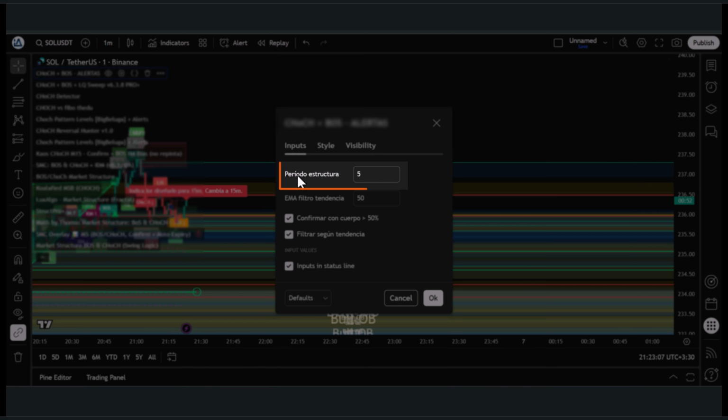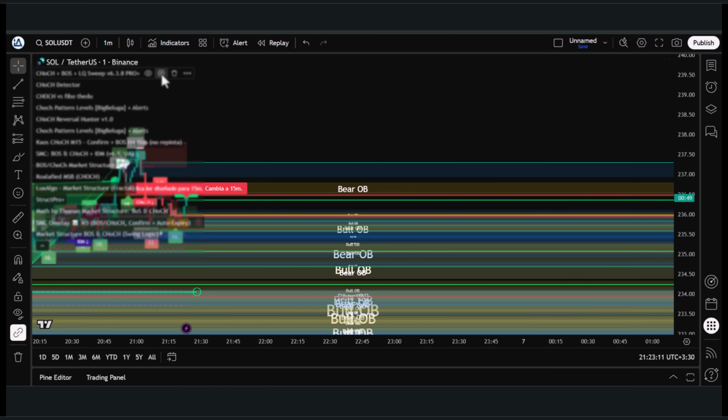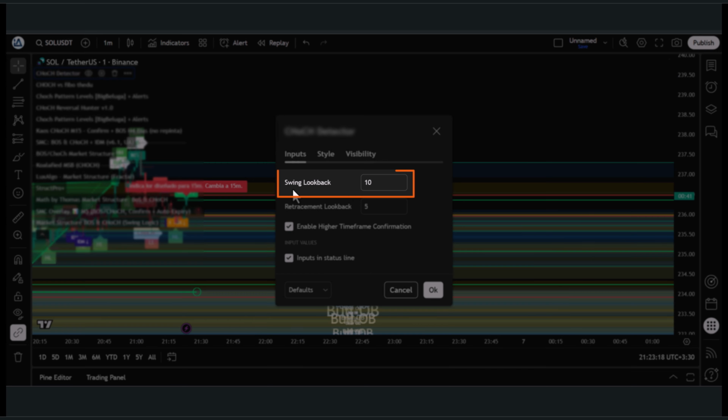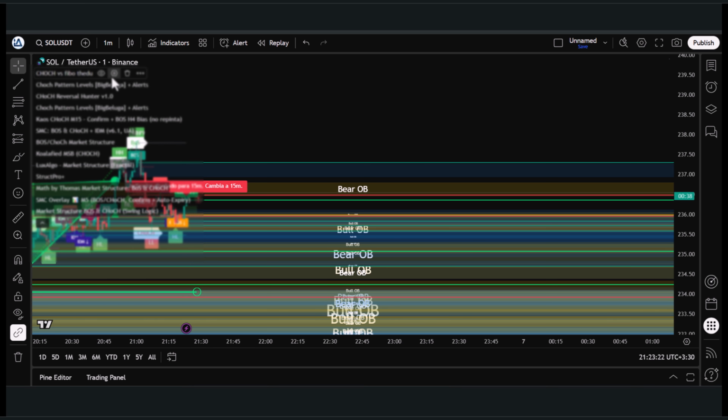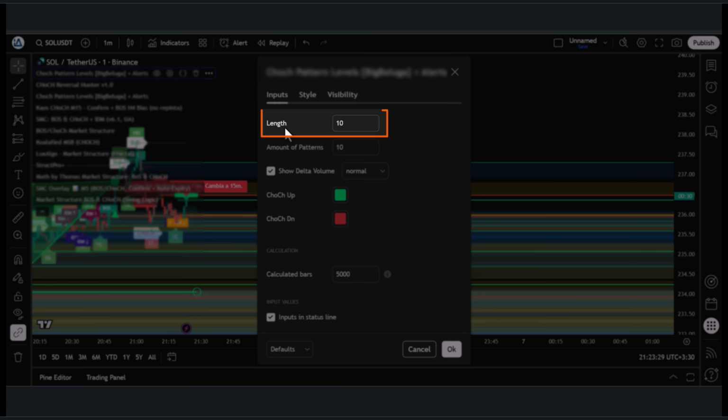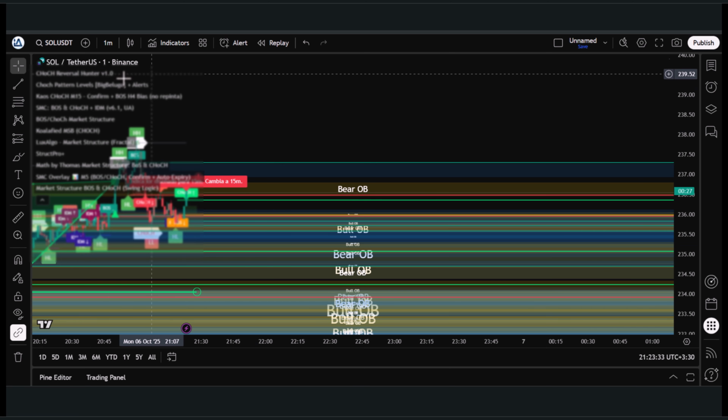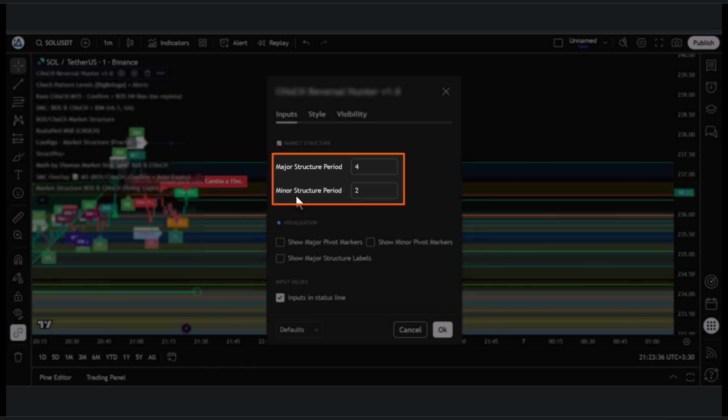In other words, the user has to decide how many candles before and after a point need to be higher or lower for that point to count as a pivot point. One enters 2, another enters 5, and another enters 10. And as a result, each one ends up seeing a different market structure.